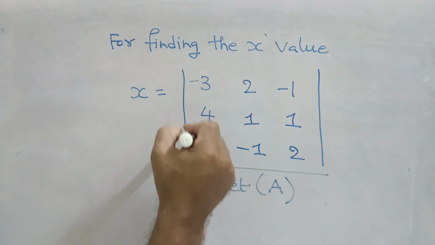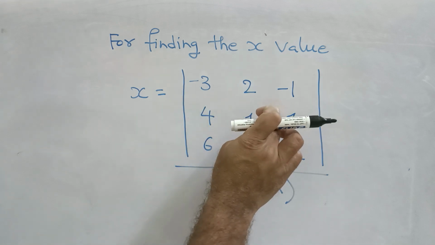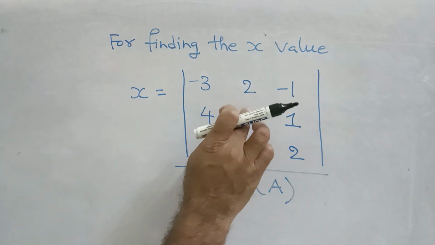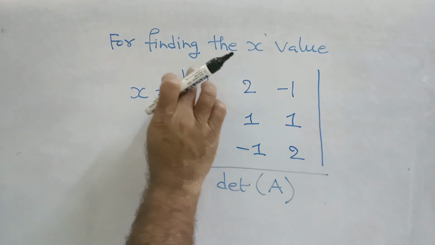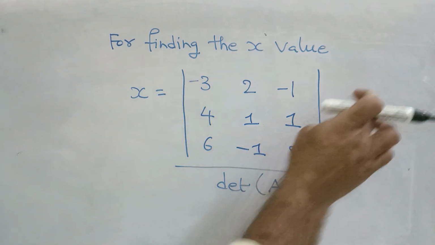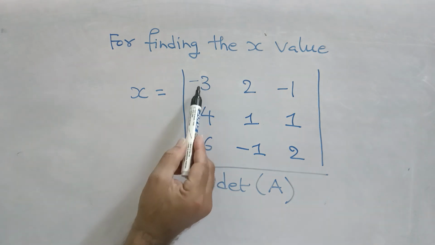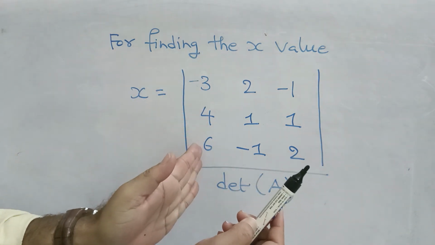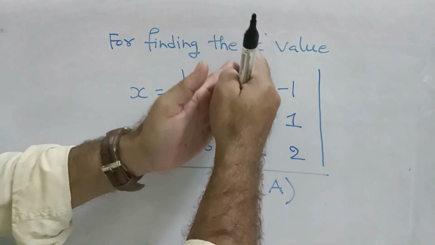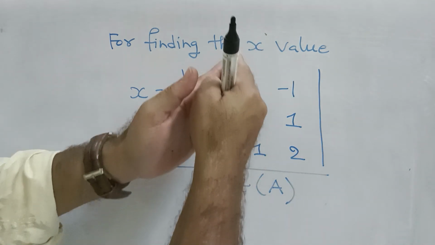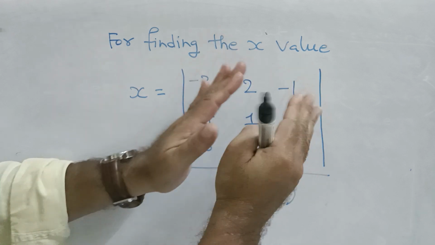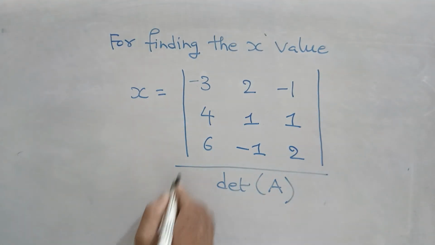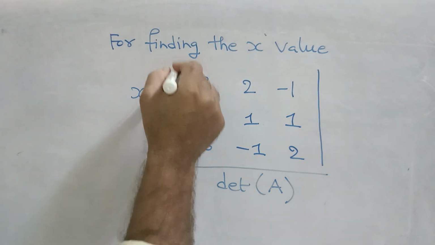So nothing but we have to consider the matrix A. In that matrix, we have to substitute the first column with the constant values like this, minus 3, 4, 6. We write those constants in the first column and keep the second column and the third column as it is, divided by determinant of A. By simply seeing this, I am writing the modulus symbol.